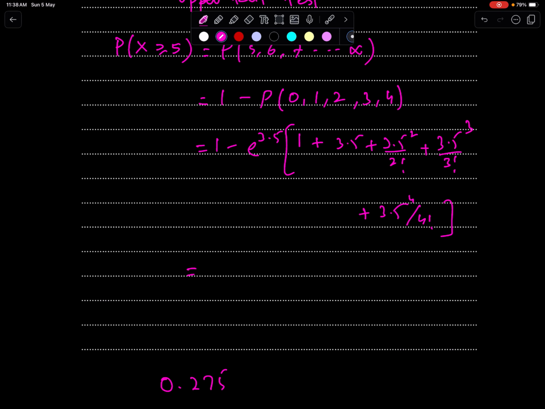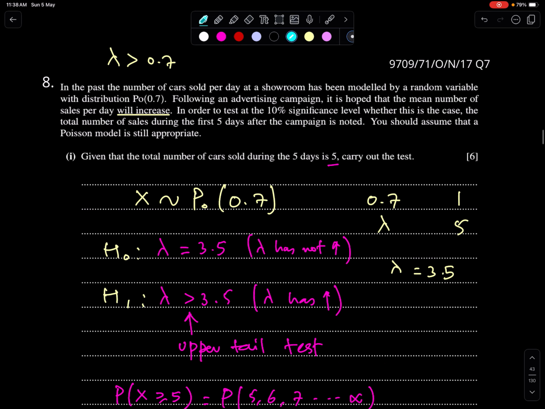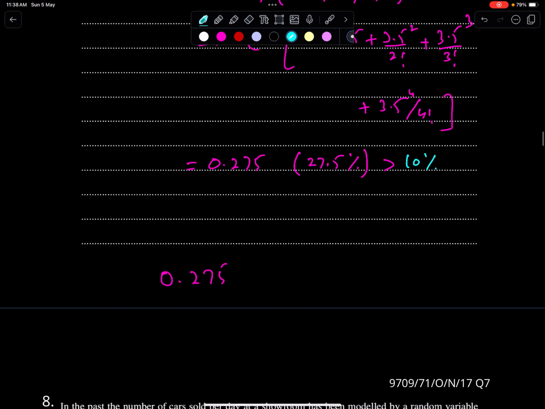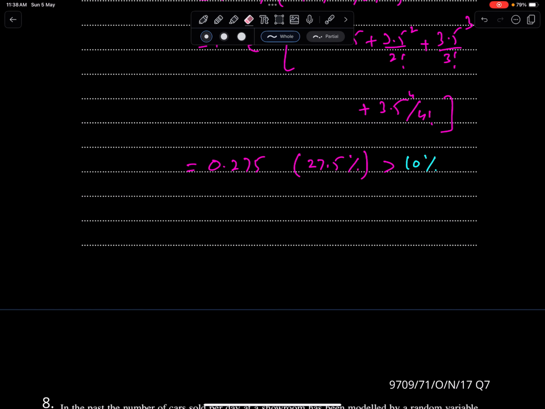Now this probability is 0.275. In percentage it is 27.5%, which is greater than the significance level, which is I think 10%. So this number 5 is not in critical region.